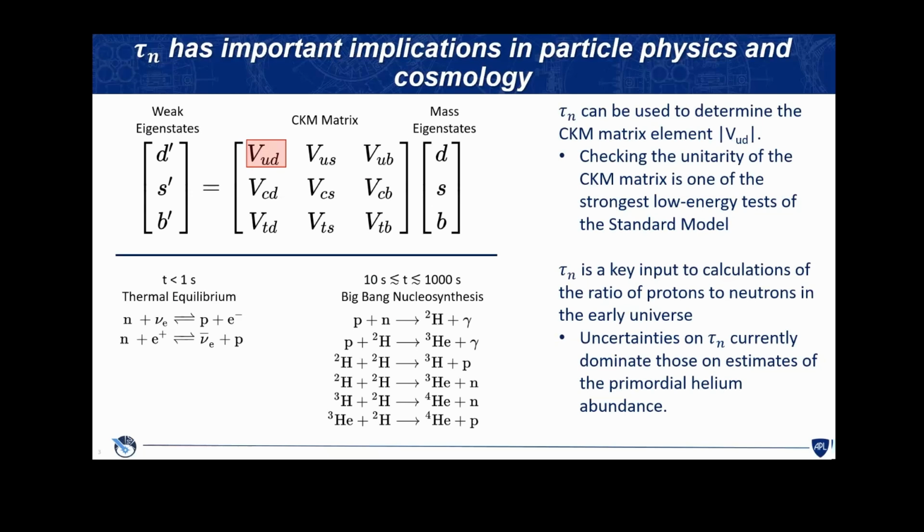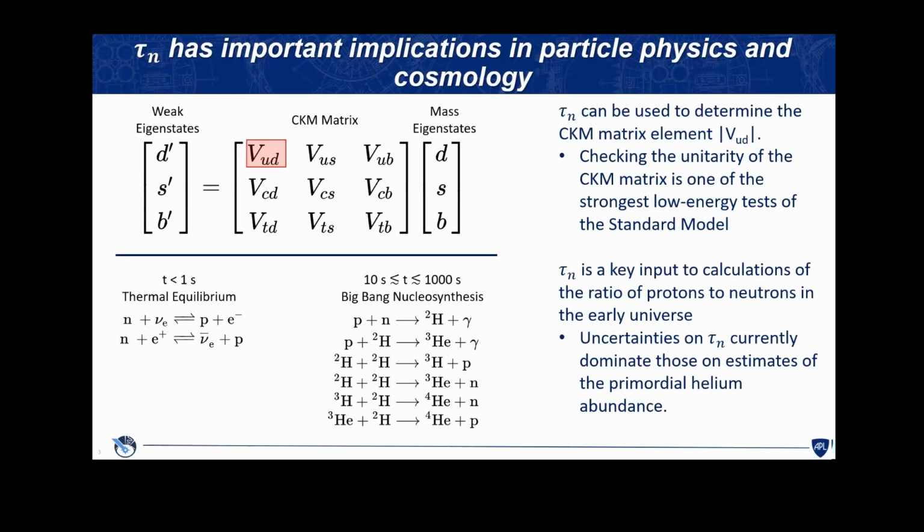And right now, the strongest test we have of the unitarity of the matrix is from the first row, which includes VUD. And in fact, what we find is that there's 3 sigma tension from unitarity. So what this indicates is that we need a reliable and precise measurement of the neutron lifetime to feed into VUD.